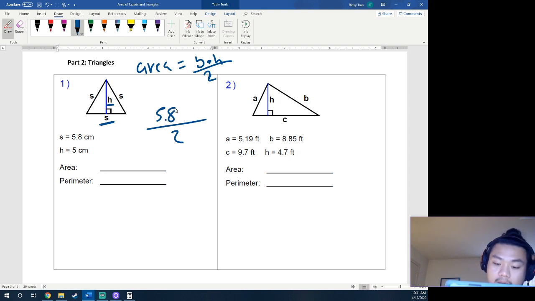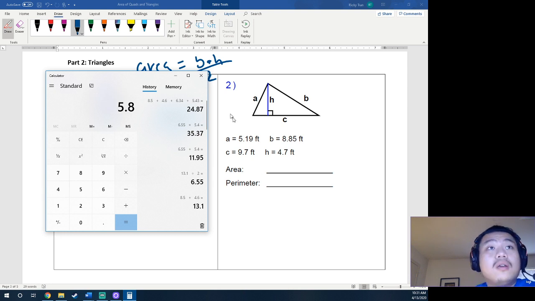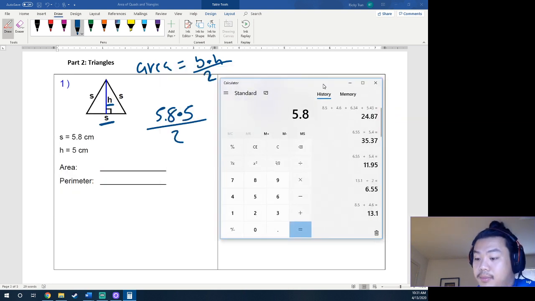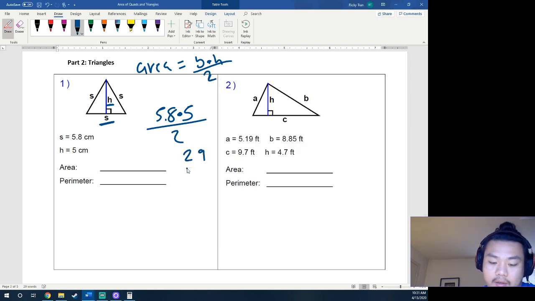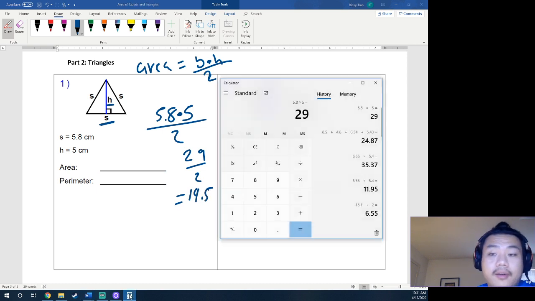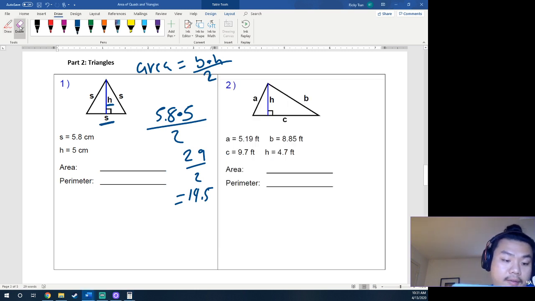Okay, so 5.8 times 5, or 29 over 2, which is equal to 14.5, I think. Yep, so 14.5. So your area is 14.5 centimeters squared.